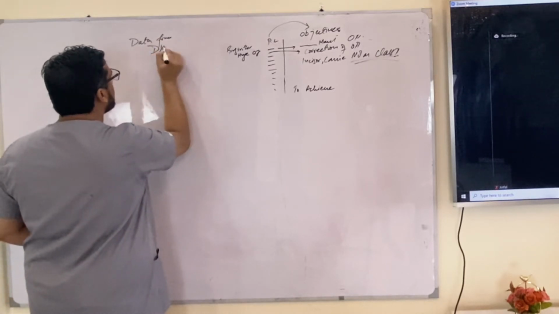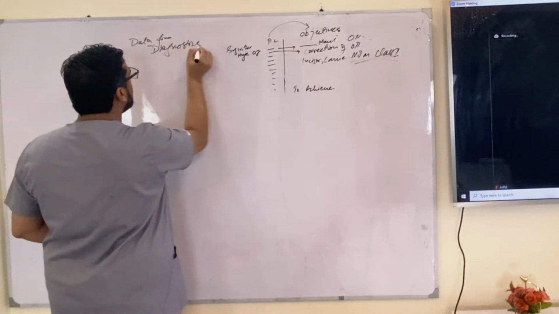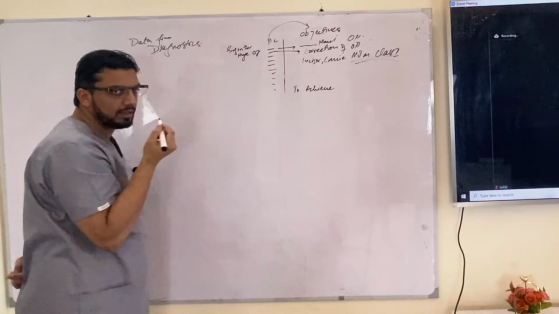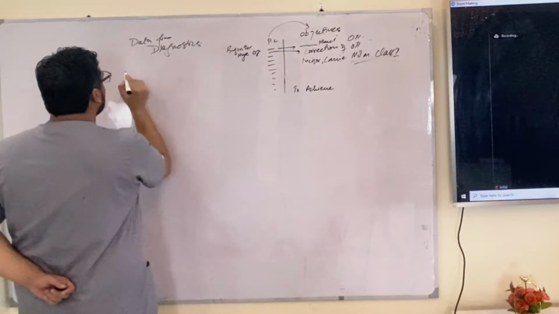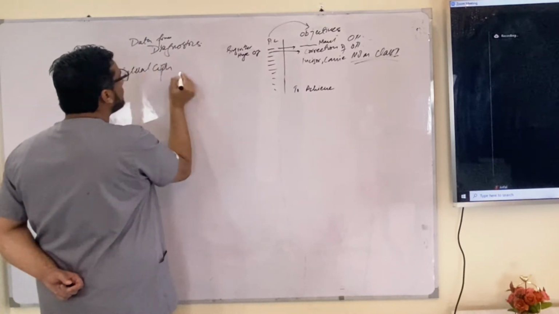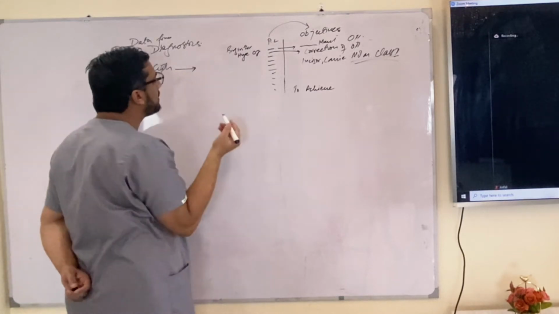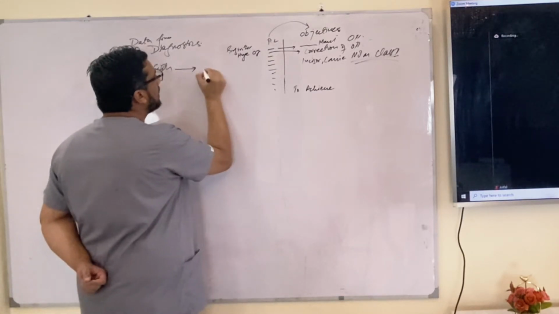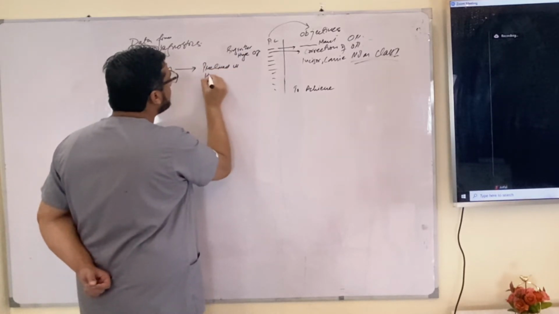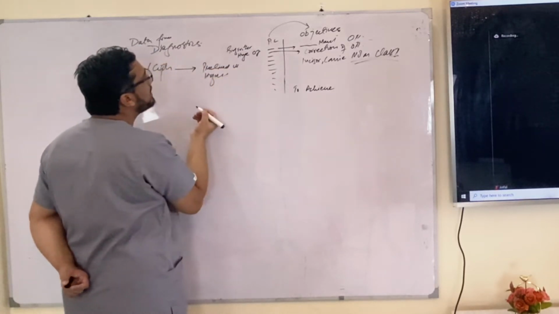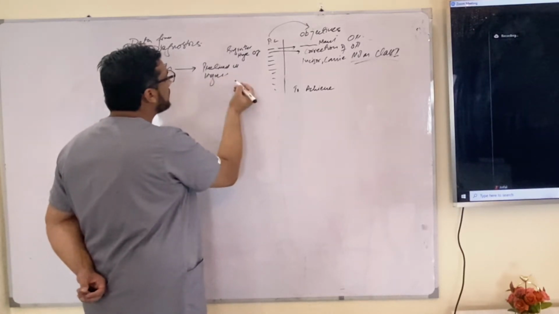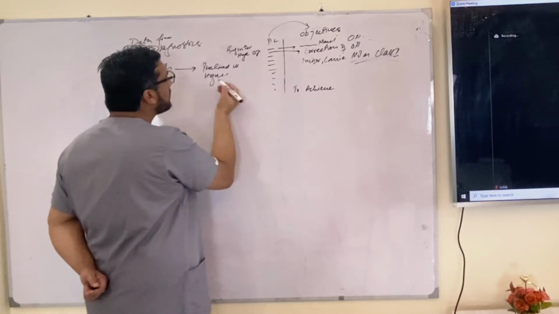Let's say, just for the sake of example, you have taken the lateral ceph, and from the lateral ceph you interpreted that this patient has proclined upper incisors and is a high angle patient, and obviously a high angle patient has increased facial height and retroclined lower incisors.